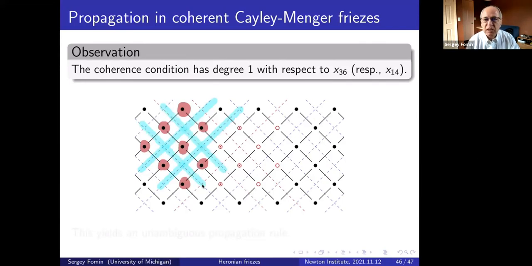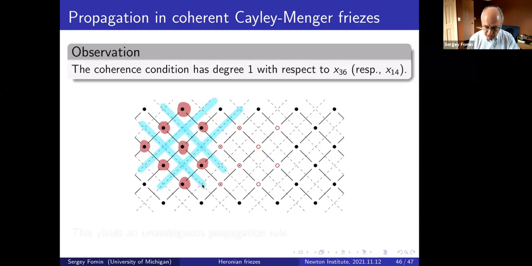Okay, so all of this is known, and the question is, who is this guy? Well, you just write that coherence condition, and the coherence condition turns out to be not quadratic but linear in this variable, so it will be uniquely defined.